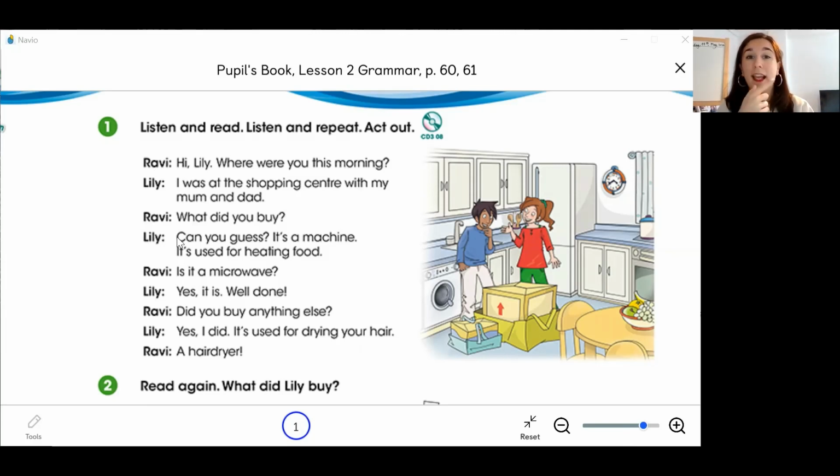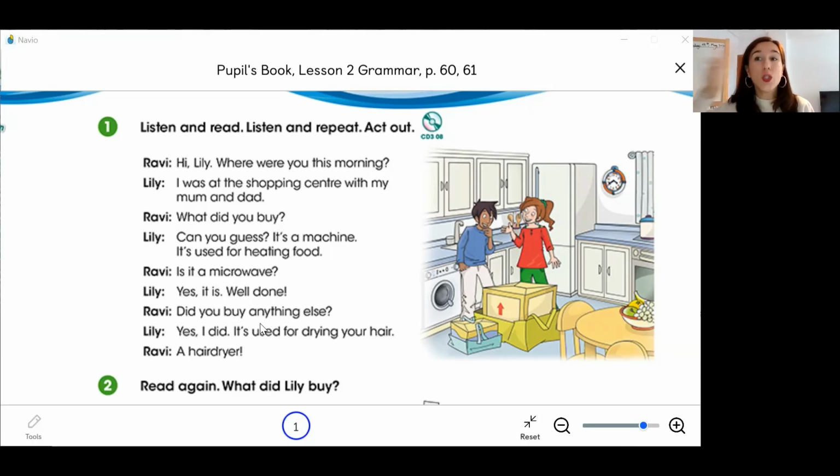Guess, adivinar, can you guess? It's a machine. It's used for heating food. Heating, calentar, heating food. And Robbie says, "Is it a microwave?" "Yes, it is. Well done." Robbie, "Did you buy anything else?" And Lily says, "Yes, I did. It's used for drying your hair." And Robbie says, "A hair dryer."